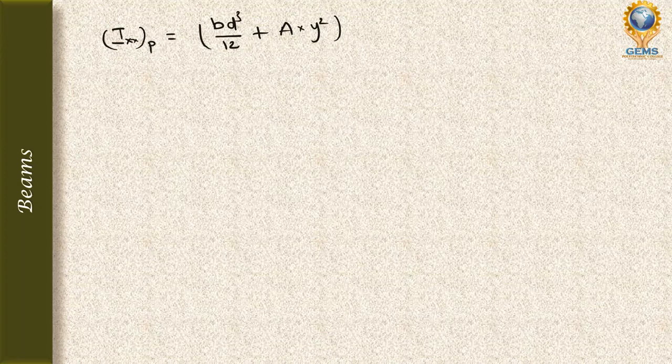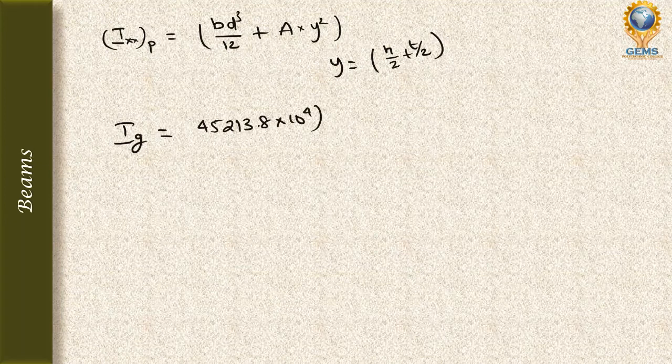So what is y? The y value is h by 2 plus t by 2. If you substitute everything in Ig, Ixx's value is 45213.8 into 10 to the power 4.